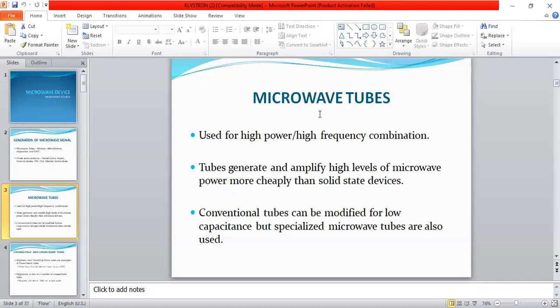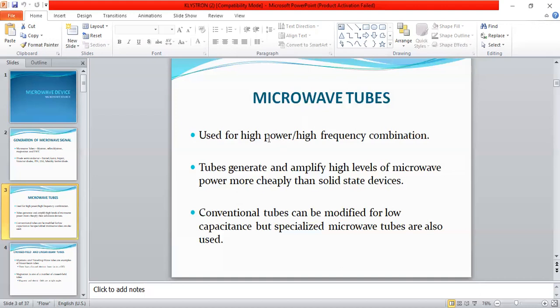Generally, microwave signal frequency range is 1 gigahertz to 100 gigahertz. So within this 1 gigahertz, not 100, sorry, 300 gigahertz. So within 1 gigahertz to 300 gigahertz range, we cover super high frequencies as well as extremely high frequency bands. So this SHF and EHF bands are completely existed in microwave band.